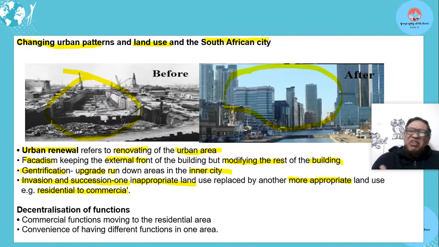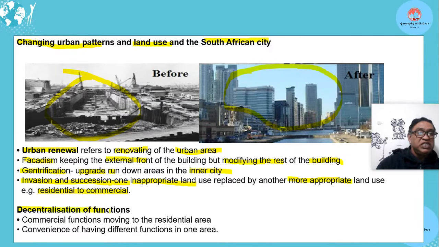So it's not really appropriate to have your little house in the center of the CBD, occupying land with garden around it, etc. What happens then? You can sell your land at a very good price, and suddenly commercial functions are built there. All right, which makes more sense. So it's invasion and succession, a more appropriate land use for the area like the CBD.